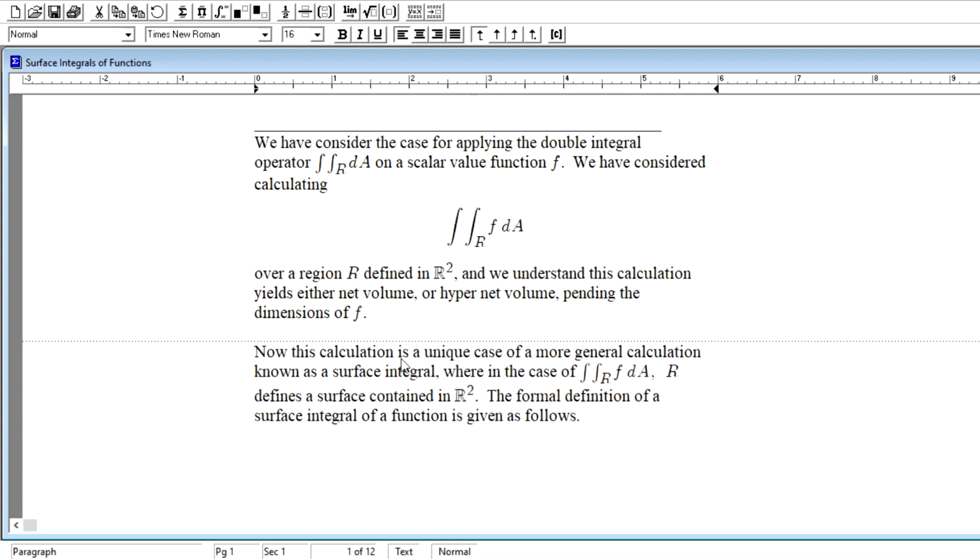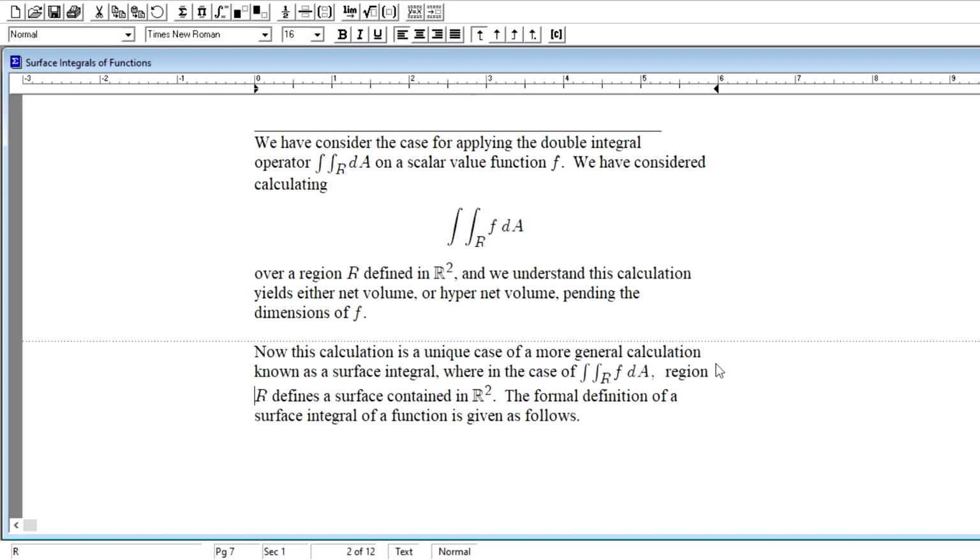What we note here is that it is a unique case of a more generic calculation known as a surface integral, where the case of the double integral over R for function f, all integrated with respect to the area of R, region R defines a surface contained in two-dimensional space. It is the unique case where our surface is laid out flat in its two-dimensional space.